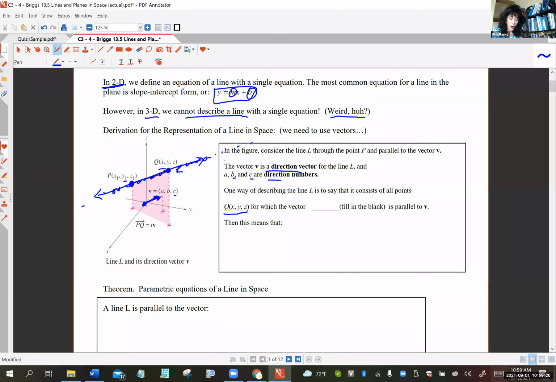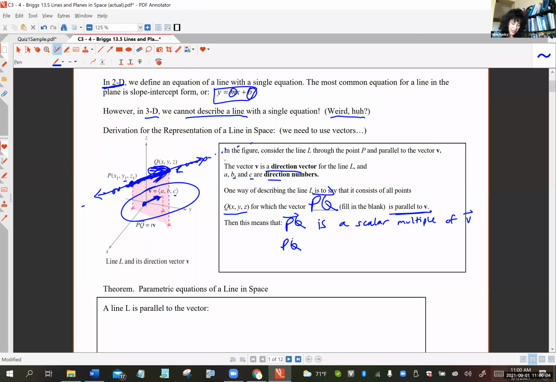Any arbitrary point Q with coordinates X, Y, Z, for which the vector PQ, which we're going to form, this vector here on the line itself, is parallel to this direction vector V. So remember from our studies of parallel vectors, that means that PQ must be a scalar multiple of V. That has to be true by our picture.